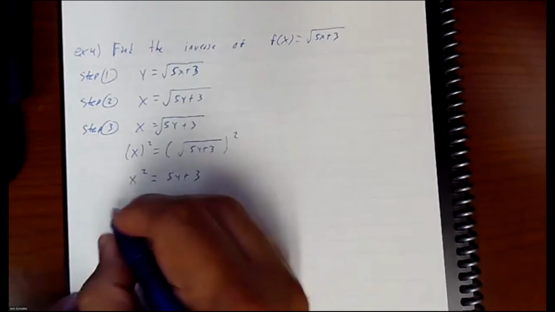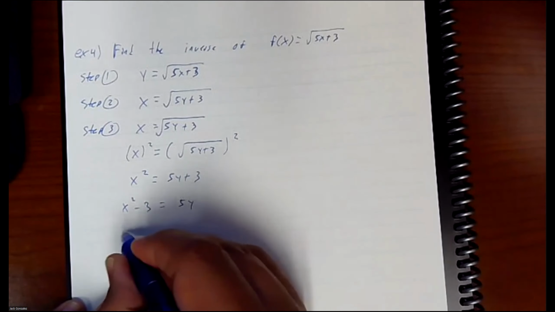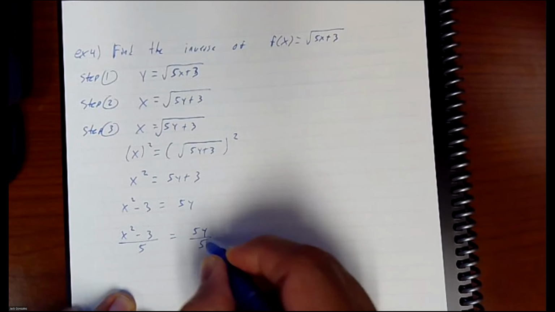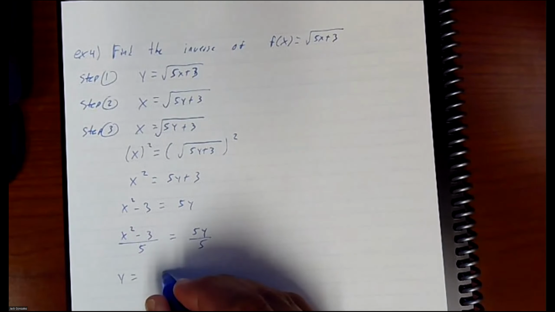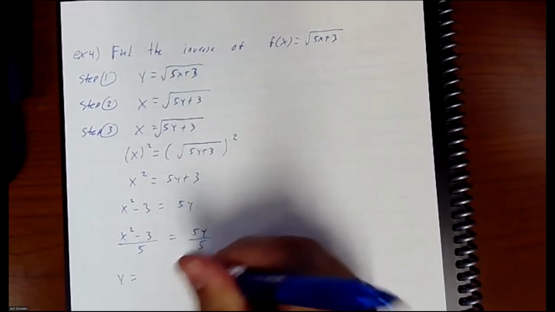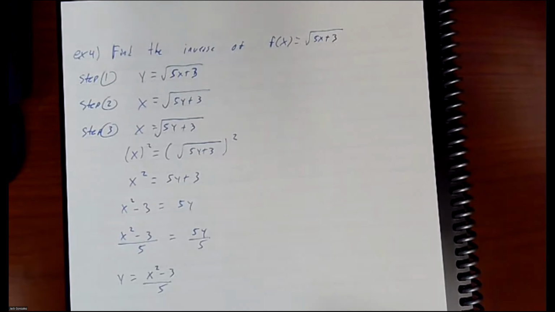Solve for y, subtract the 3 over, divide by 5. So y is equal to this thing here. And once you solve for y, change it to the inverse. This is the inverse.